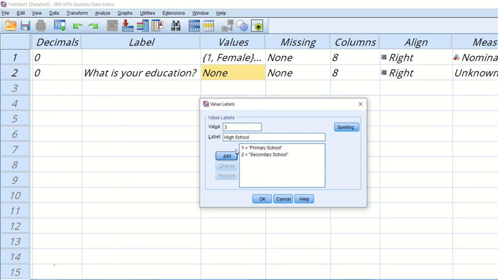It depends on our research study whether we have 4 as a bachelor's degree, master's degree, or we have PhD. So it depends on our study group, on our participants. If we don't have any participants or patients with a master's degree or PhD degree, then we don't include it.